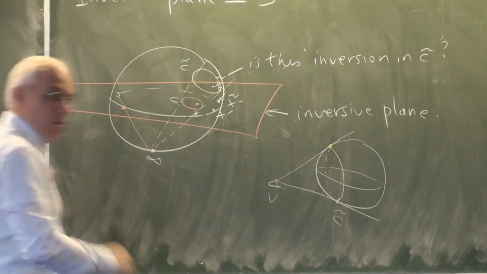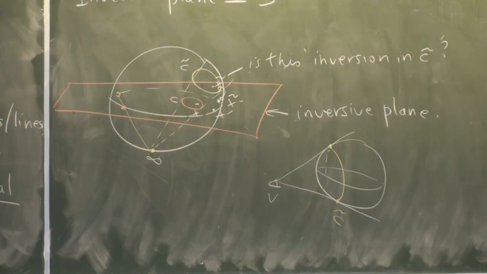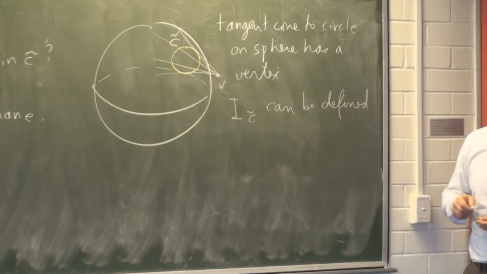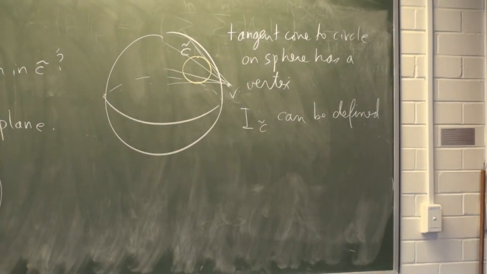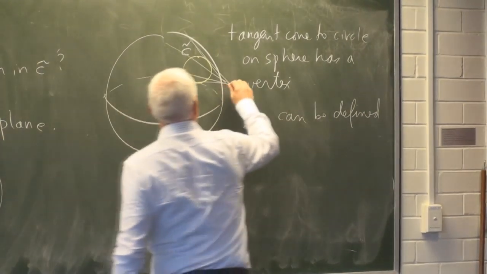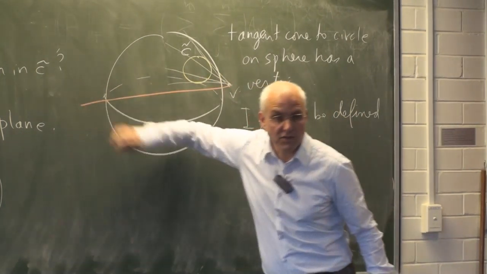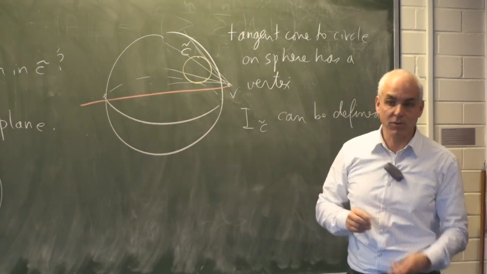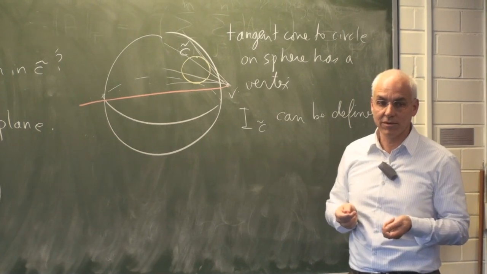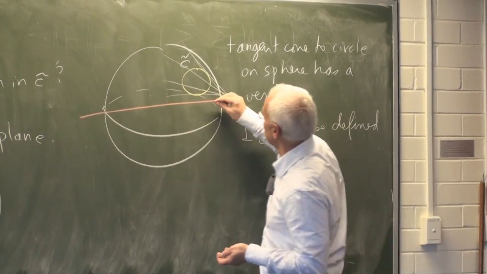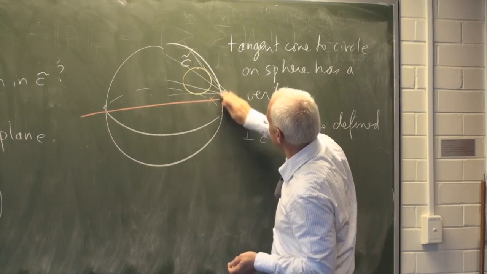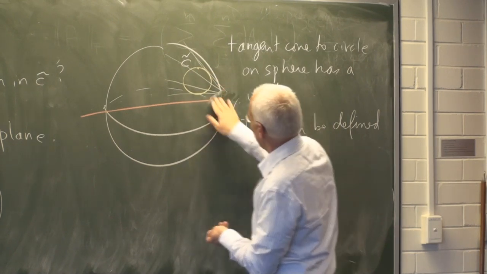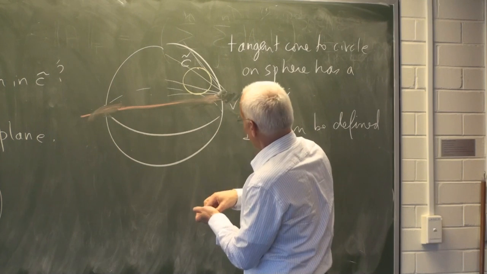All right, so what we can do now, once we've got this vertex outside, determined by a circle, is we can use it to match up points on the sphere. Namely, we can draw any line through this vertex that intersects the sphere, and that will intersect the sphere in 2 points. Okay, well, actually this is not such a good picture. This should be bigger. So let me draw it a little bit better.